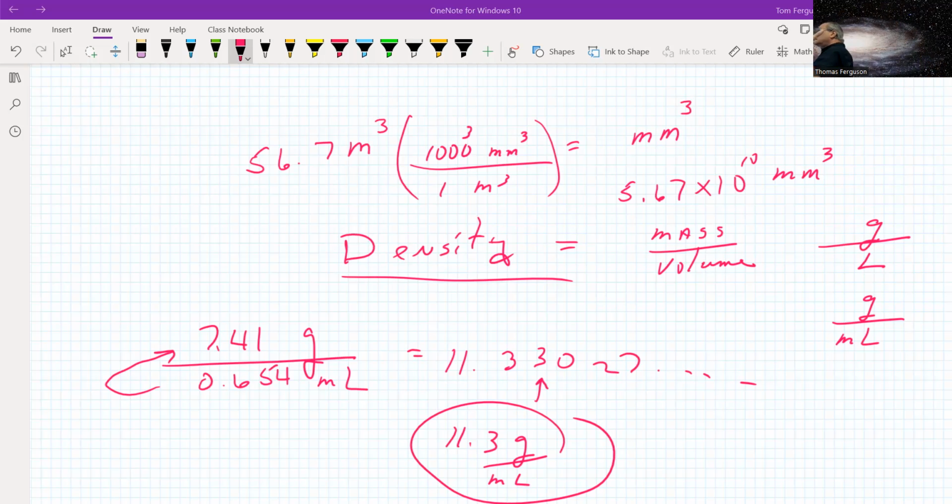Now, if you're given density, because centimeters cubed here is equivalent to milliliters, yeah, you can swap them out.